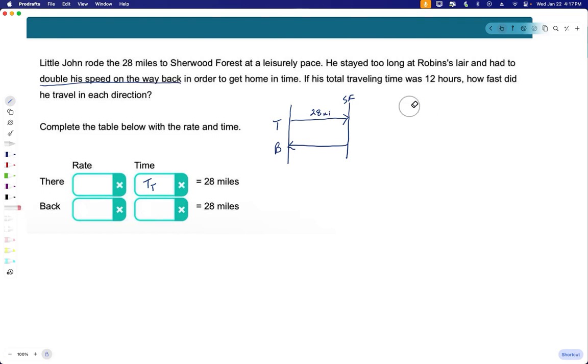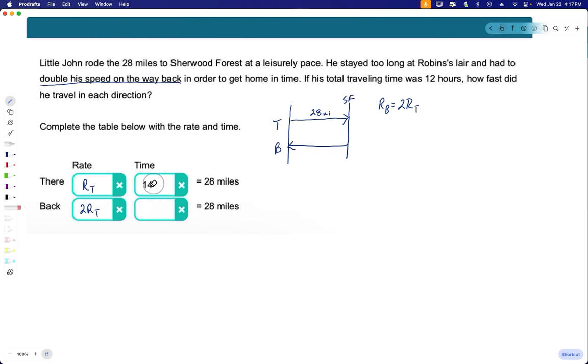Actually, that's his rate, sorry, not his time. We know that his rate on the way back, rate is another word for speed, the rate back is equal to 2 times the rate there, because he doubled his speed on the way back.